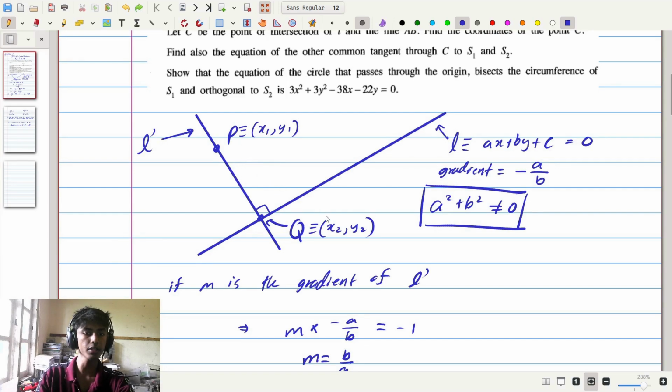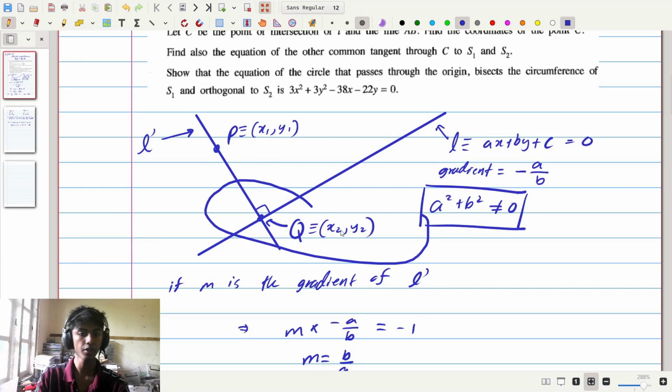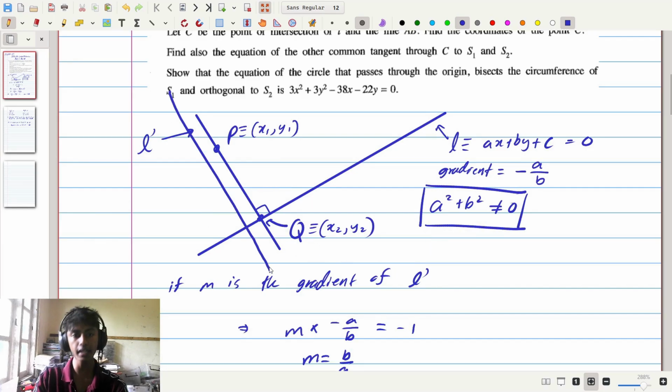Now, considering PQ, we can see a bunch of interesting properties in the point Q. First off, the point Q is on the line L dash.